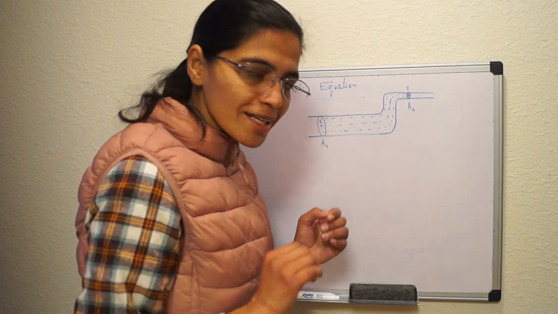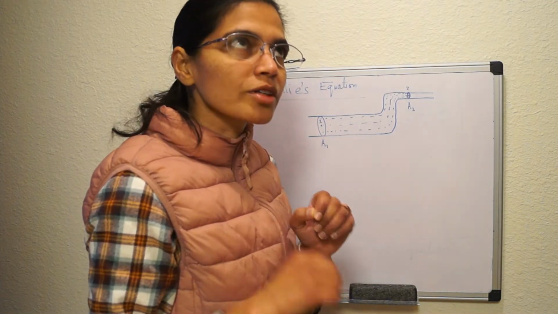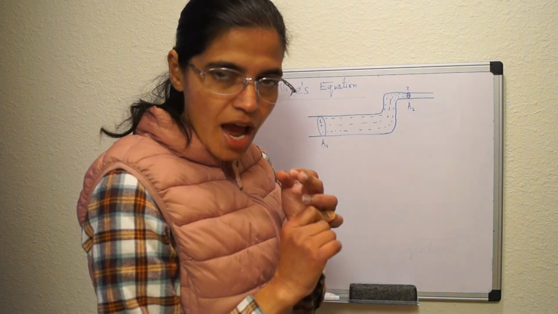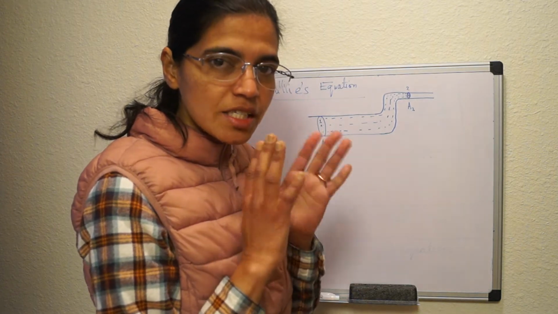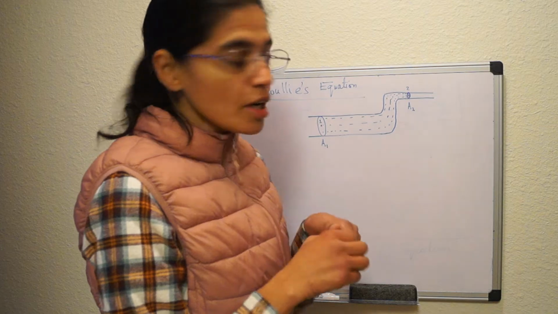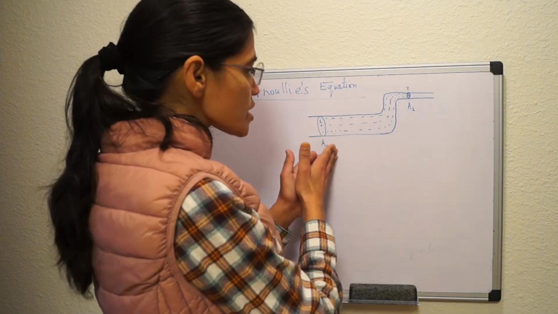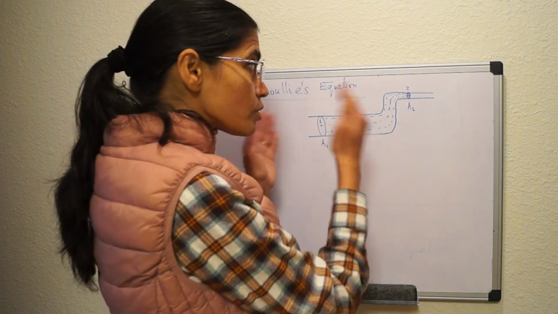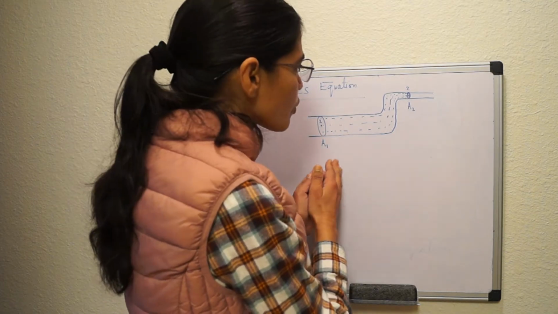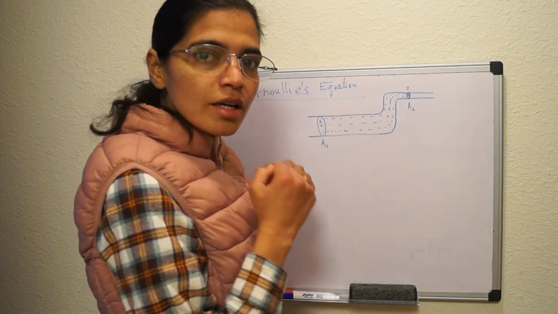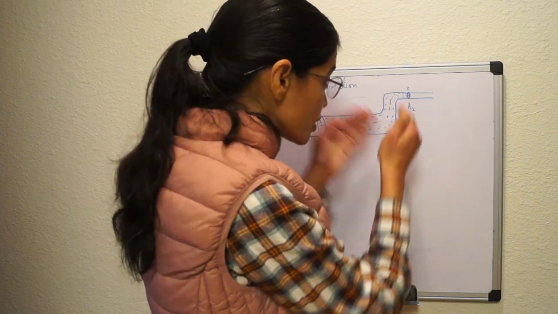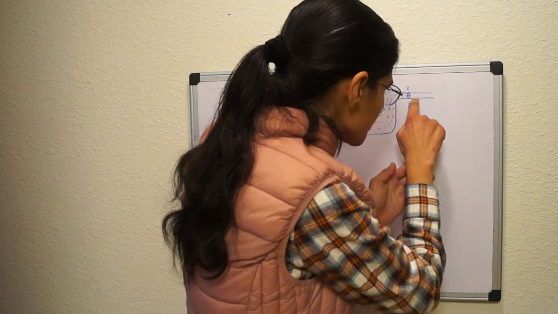So the important thing is we are talking here about the same amount of time, right? Delta t is constant, the same duration. If you're looking at this tube, how much of the fluid is flowing in, say, 2 seconds, then we want to look at the same time frame here also. So in the same 2 seconds, how much of the fluid is flowing in this tube?